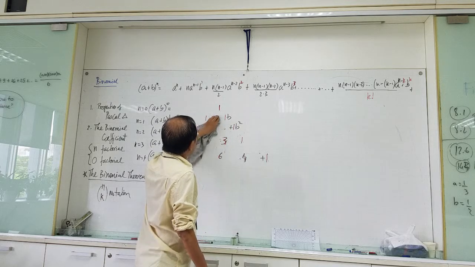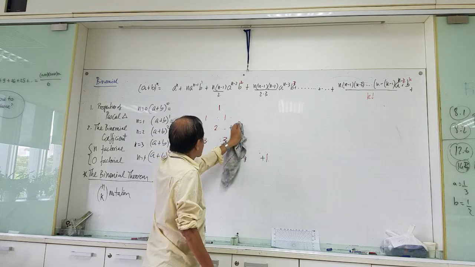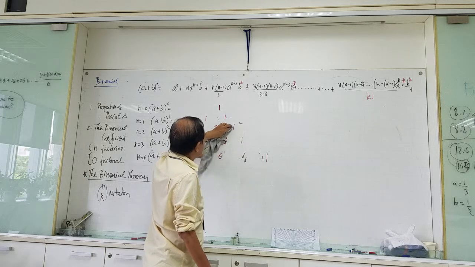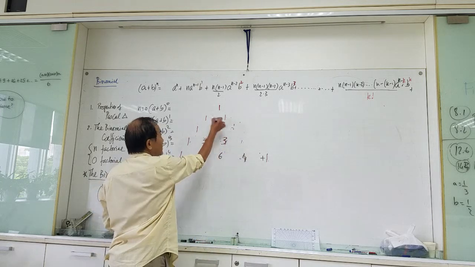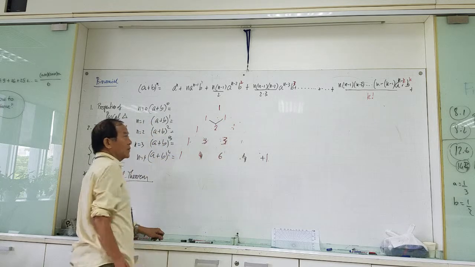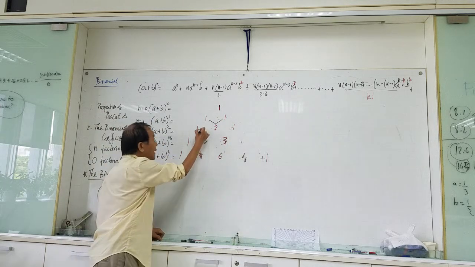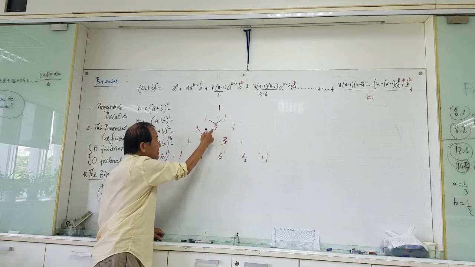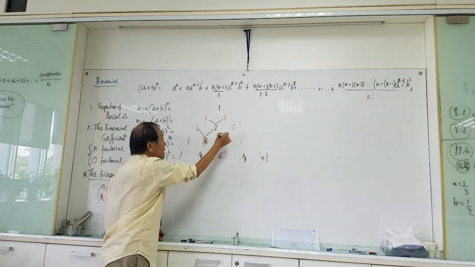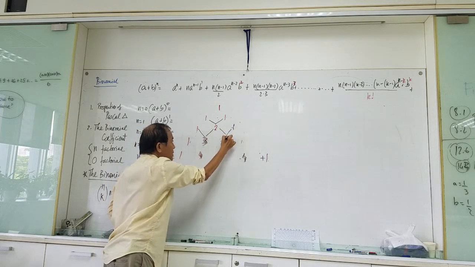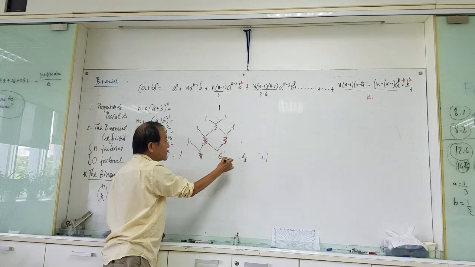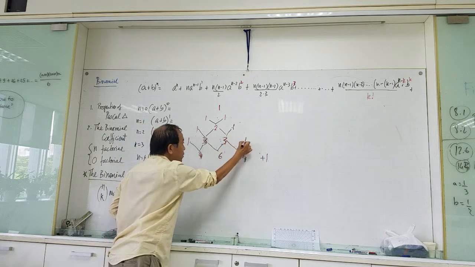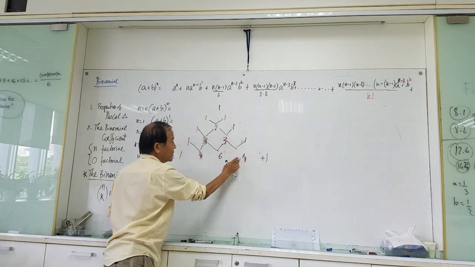Now, next one: each number is the sum of the two numbers above it. 1 plus 1 is 2, right? And 3 equals 1 plus 2, and 2 plus 1 equals 3, and 1 plus 3 equals 4, 3 plus 3 equals 6, 3 plus 1 equals 4, and you get 1 over there. Can you see that?